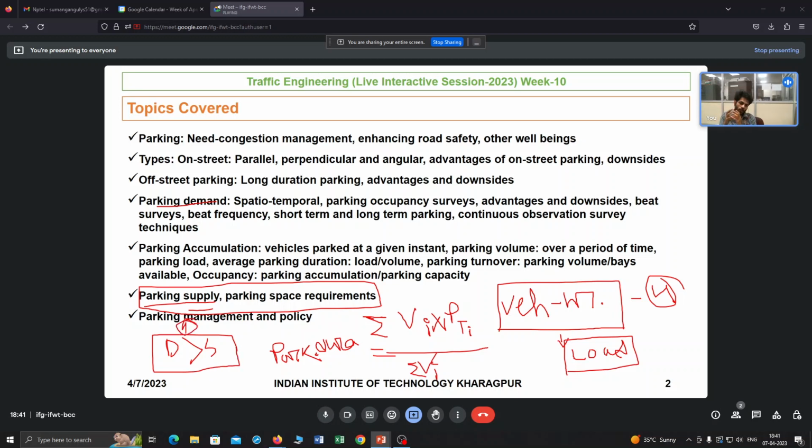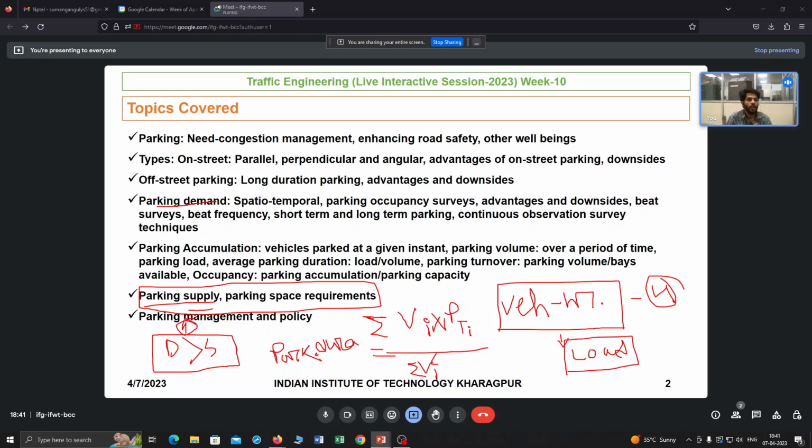Also, suppose there are two types of parking, on street parking and off street parking. You find that your off street parking is full, but in total parking space is available, and when you see it in a detailed manner, your on street parking is actually vacant. So you have to send those who are willing to park their vehicles to your on street facility, right?